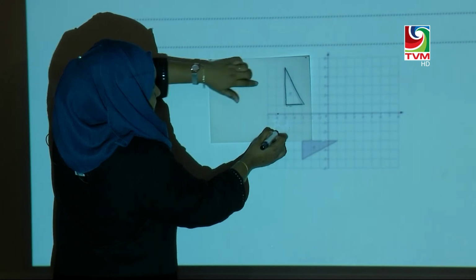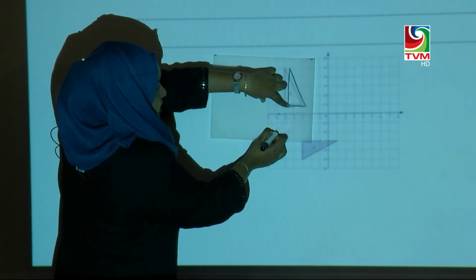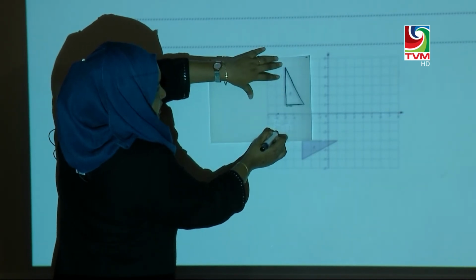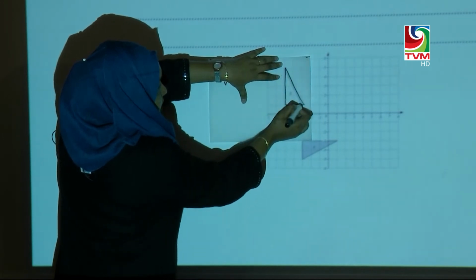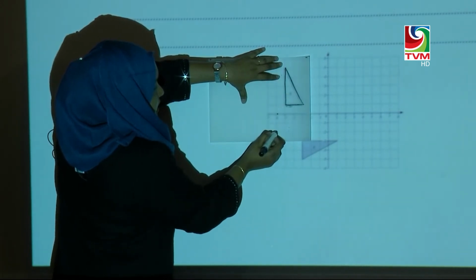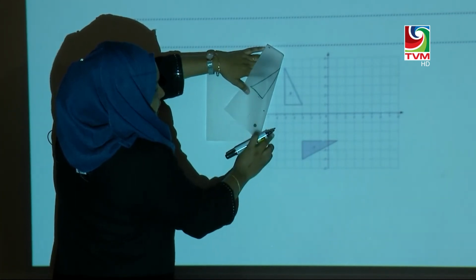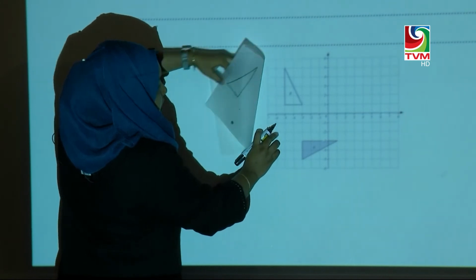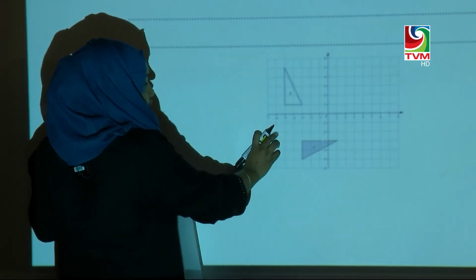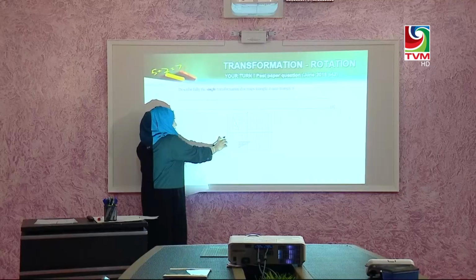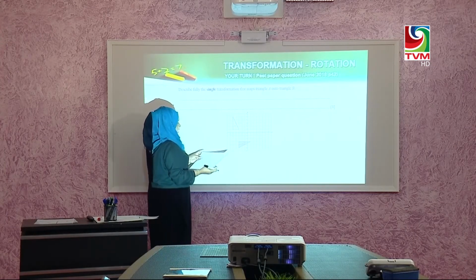As you can see, this outline exactly fits on top of the image. That means the center of rotation is here. Now from the grid, it is -6, -2. Now we need to find the angle of rotation.